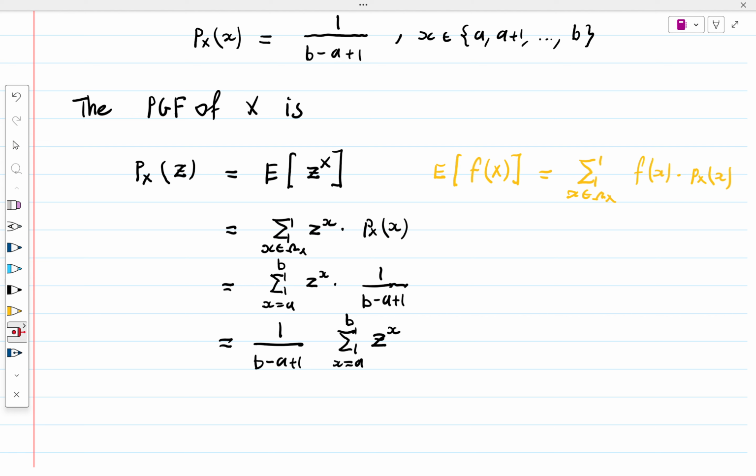Now, in our next part, we're actually summing a geometric sequence. Z to the x is a geometric sequence.